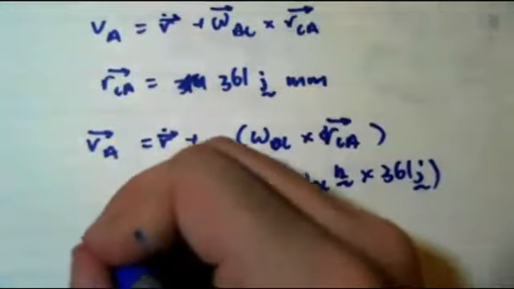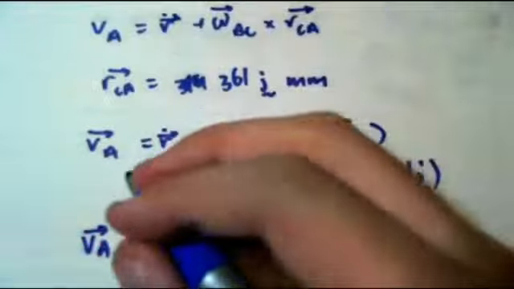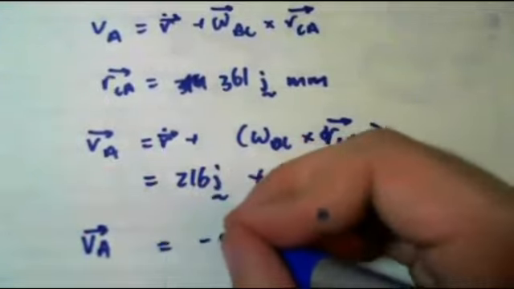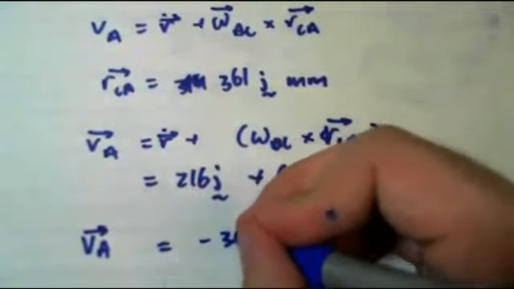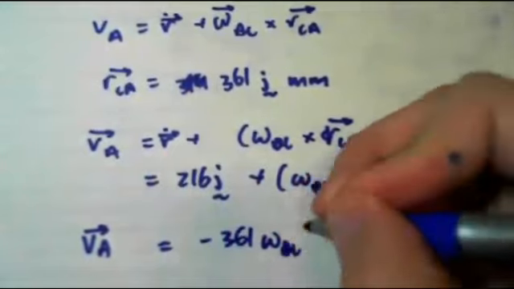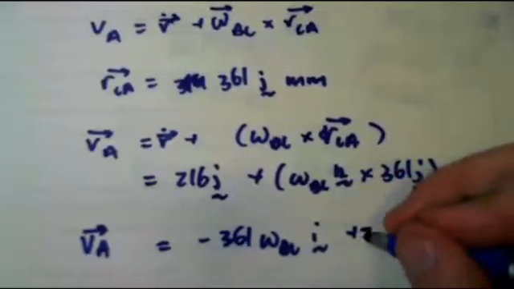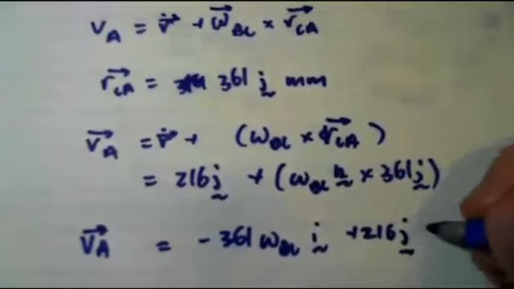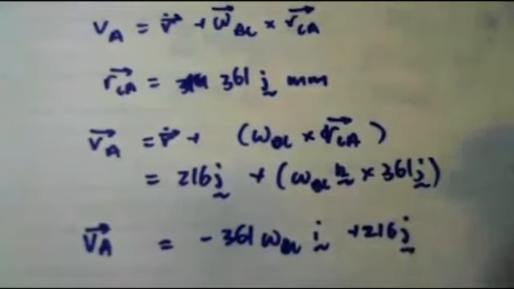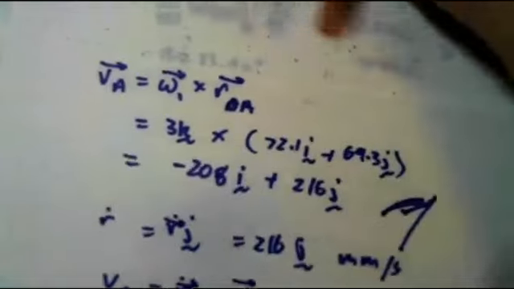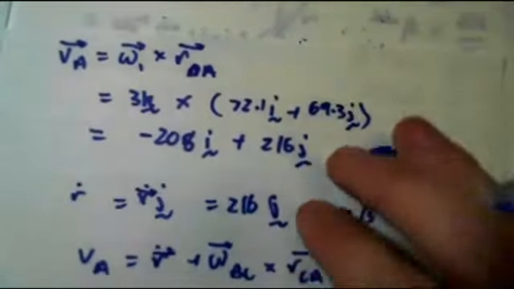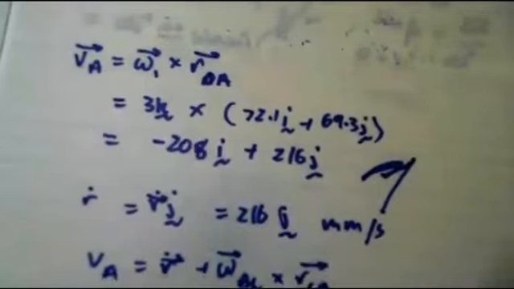And our velocity of A we've already found, and that is negative 361 multiplied by omega BC, because that's an unknown, in the i direction, plus 216j.